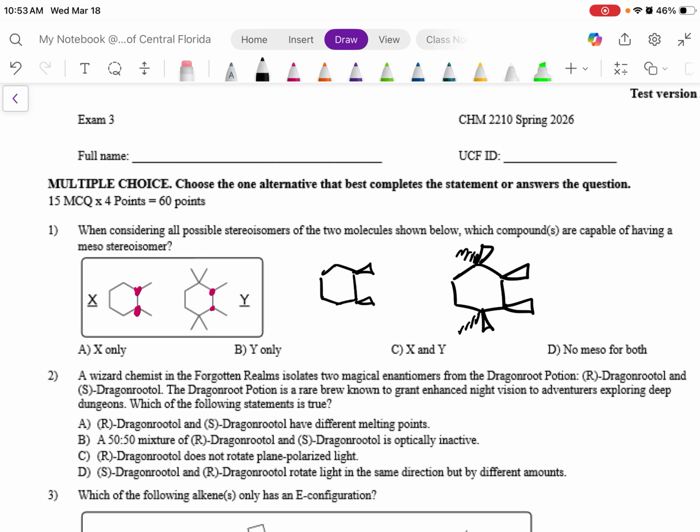Why? Because those are still stereocenters, but I'm trying to draw the molecule in such a way that we can get a plane of symmetry that makes each half identical. If we do that, we get a plane of symmetry through compound Y. So that means compounds X and Y are both Meso, and they're both achiral because they have a plane of symmetry. So for question 1, the answer is C.